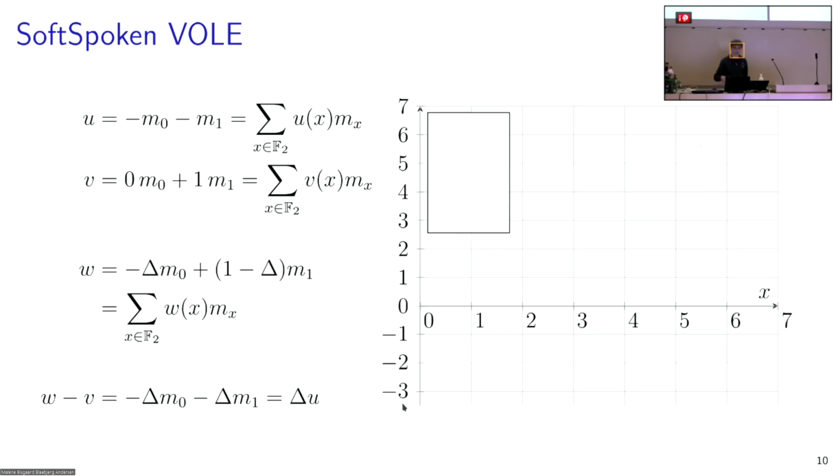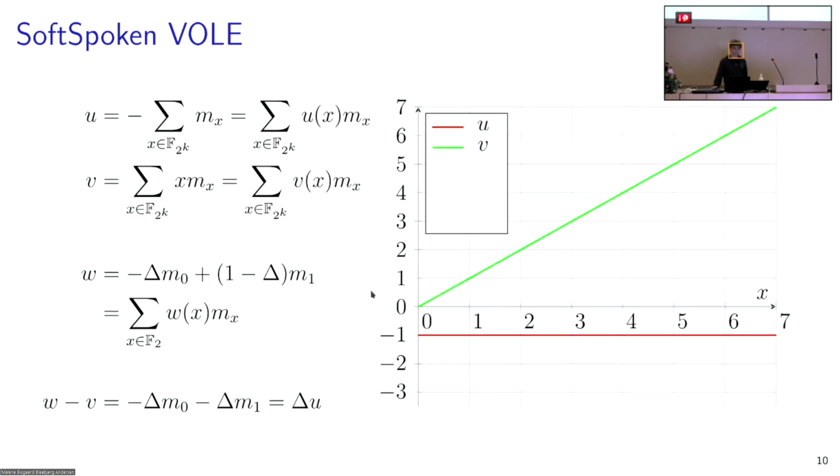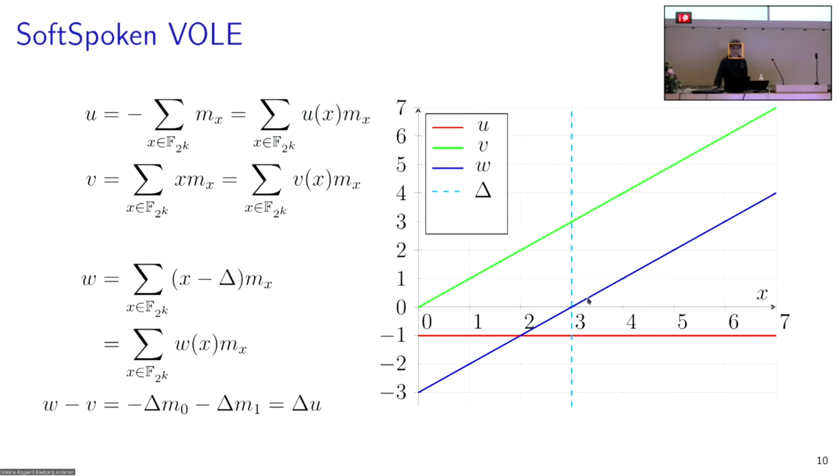So the next step is generalizing this picture to SoftSpokenOT. U continues to be the negative sum of all the messages, so it's still in the subfield F2 containing all the message bits. V's coefficient continues to be linear, so X times M_X. And W's coefficient also is linear, but now its root is delta.